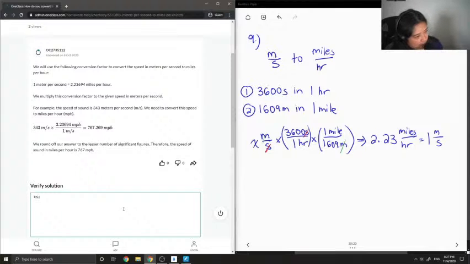I'm also going to add where they got that 2.23 value from.